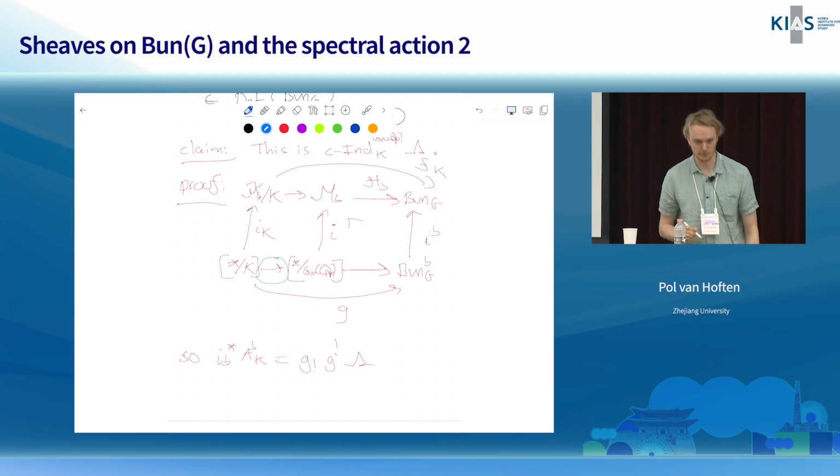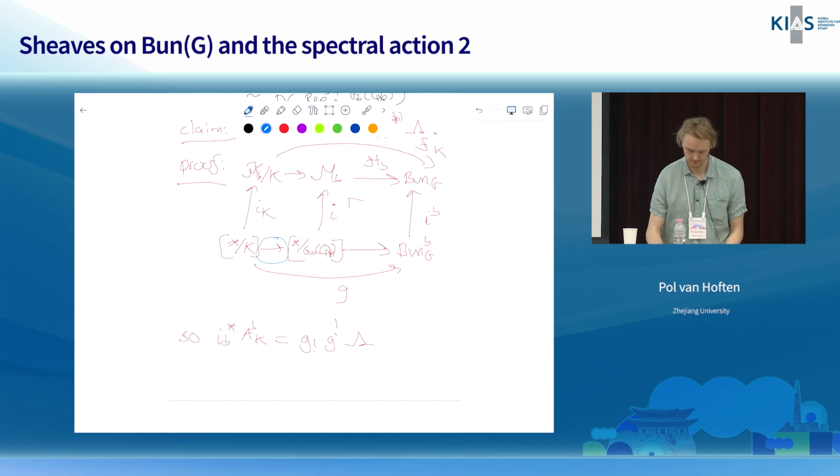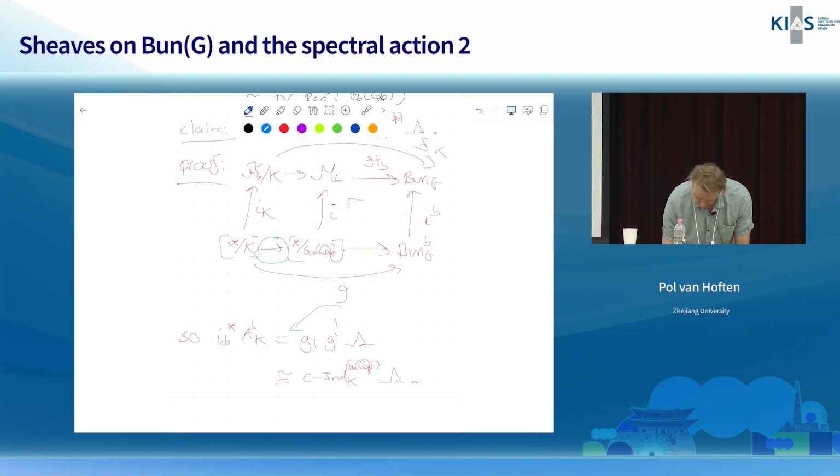So I'm doing the shriek pushforward along this map, which gets me this compact induction, which with some work identifies with compact induction. Okay, so here I'm using proper base change.